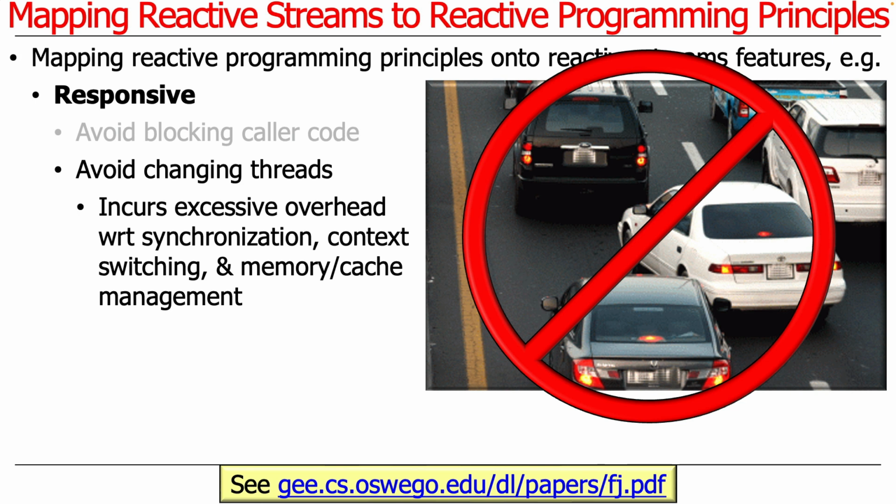You have synchronization overhead, which might be used for things like bounded buffers, to make sure that you can't remove something from an empty buffer or put something into a full buffer. There's also the issue of context switching, moving from one thread to the next. That's a non-trivial operation.